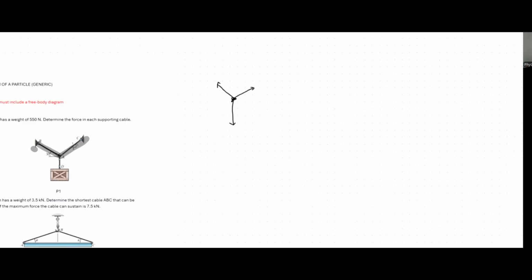This is our TB. This is our TC. This is our weight. So this is our free body diagram.